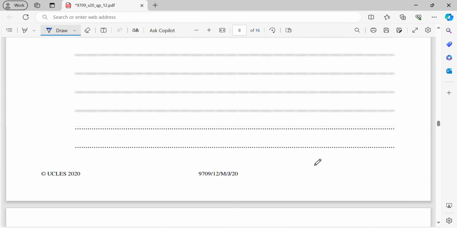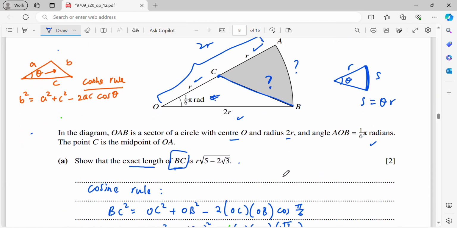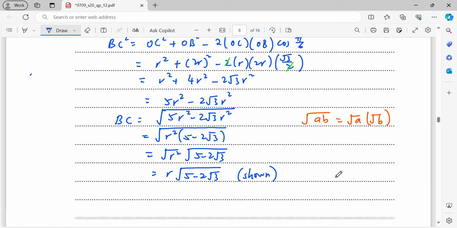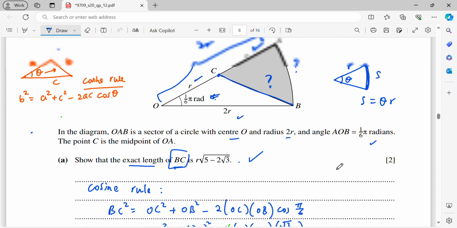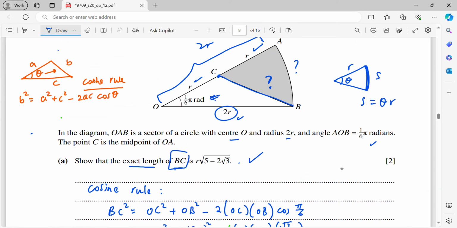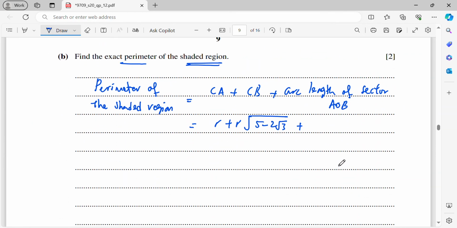So CA is given R, CB we have just shown. Okay, just copy all this. Then the arc length of the sector is basically theta r. So now your radius is 2r, theta is pi over 6. So pi over 6 times 2r.